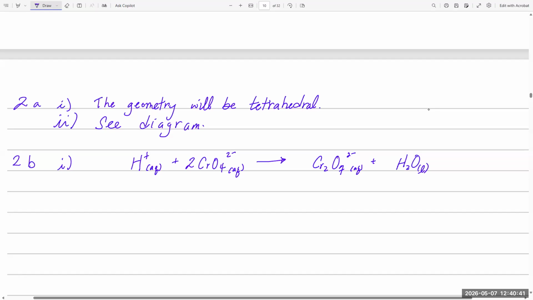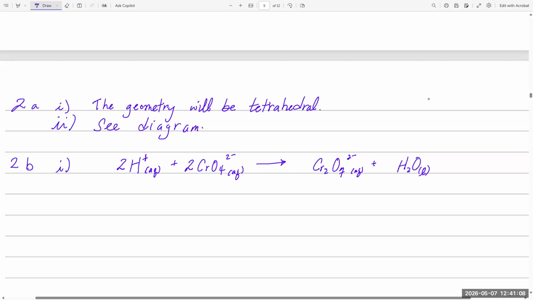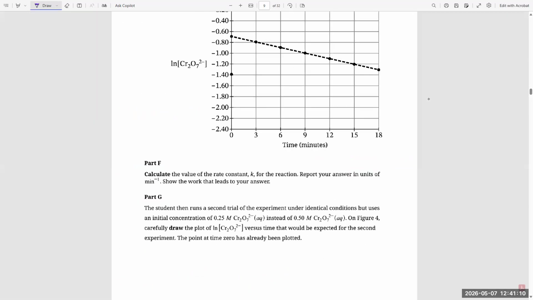You got a total of 8 oxygens on the left side, and on the right side you got 7 in the dichromate and 1 in the water. That's 8. Oxygen's balanced. Which means we only have to mass balance the protons, and you got 2 H's on the right side. So you put 2 on the left side, and I think we're balanced. Double check that everything is balanced and we're good to go. This is our net ionic equation.